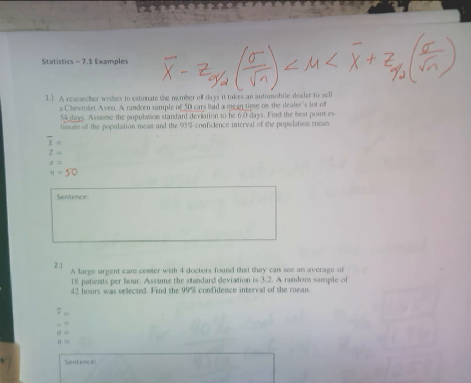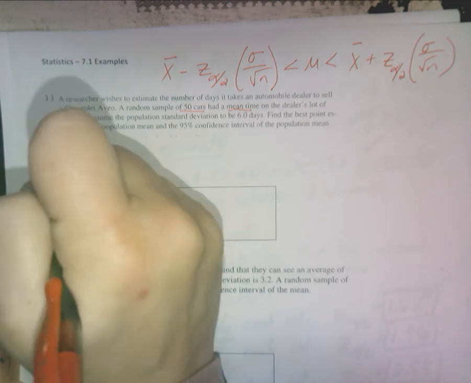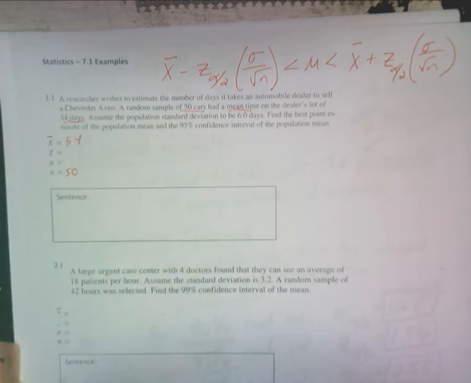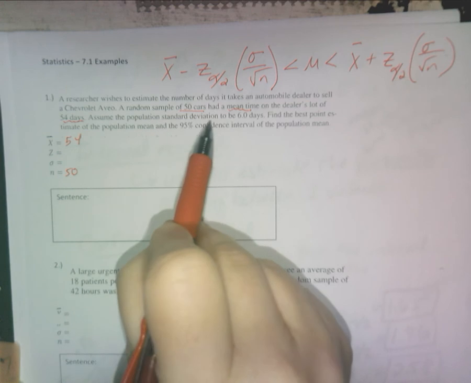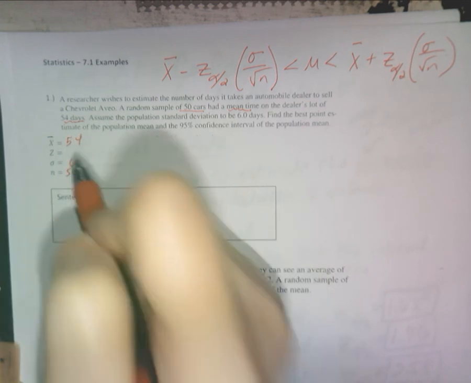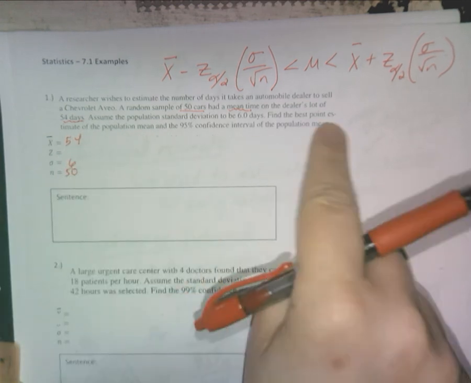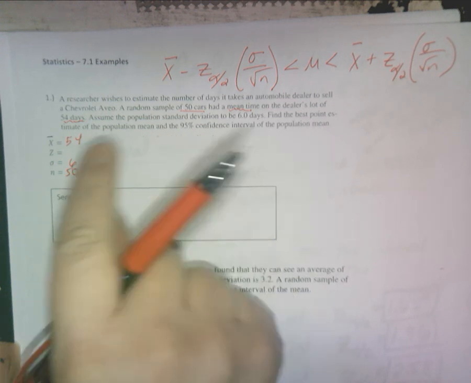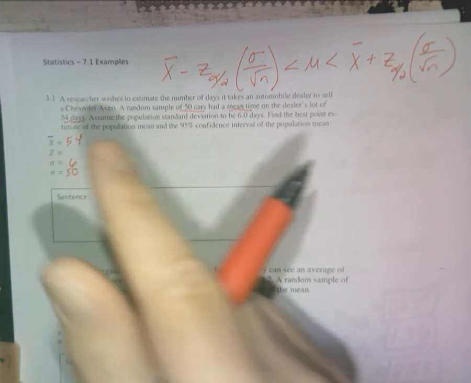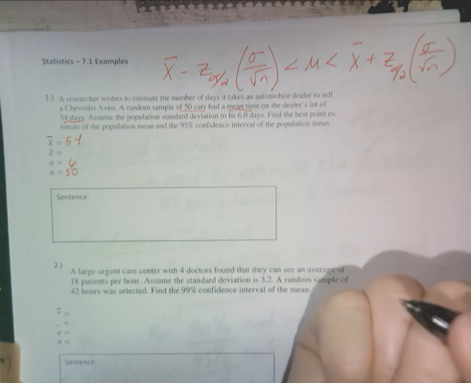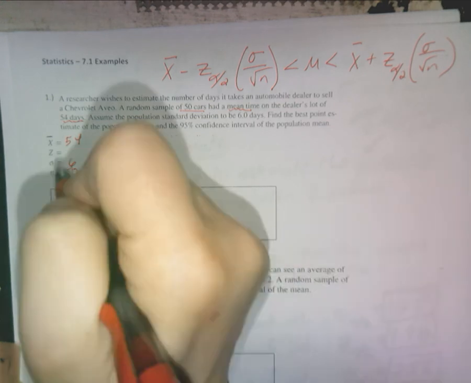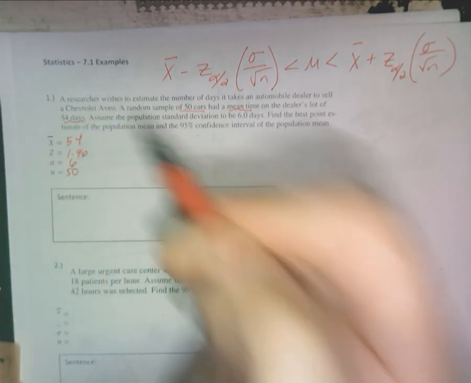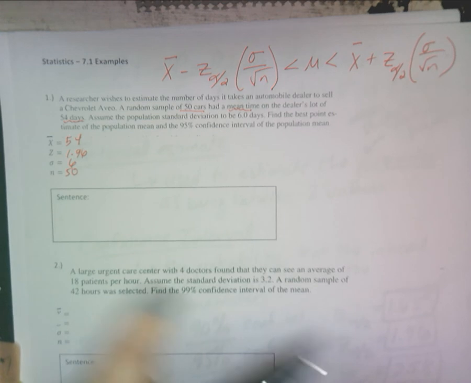So what would that be? X bar, 54. Assume the population standard deviation: that is good old sigma. And then find the best point estimate for the population mean at the 95%. So that means my Z, I should have put alpha over 2. What would that be? 1.96.